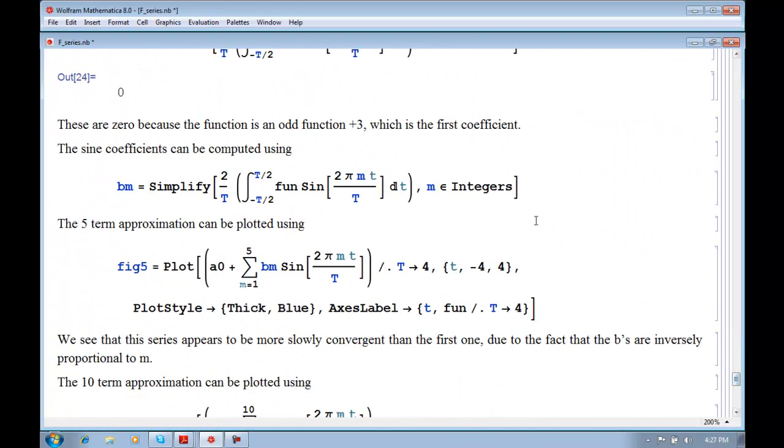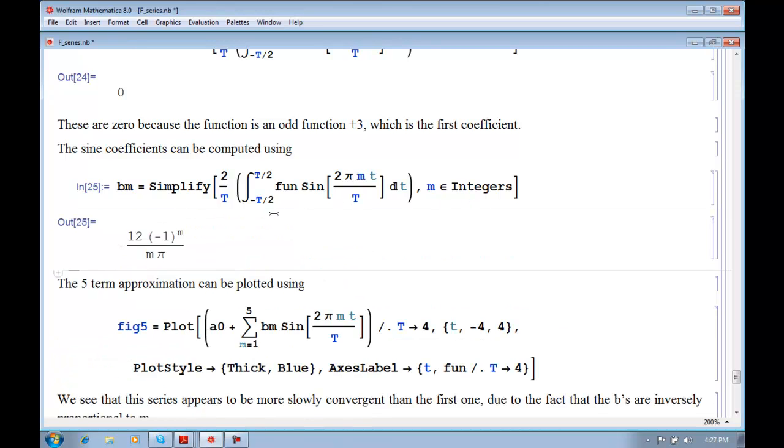So now let's calculate the b coefficients. We work out the integral, and there they are. And you can see that, as opposed to the previous example, the coefficients are inversely proportional to m and not m squared.